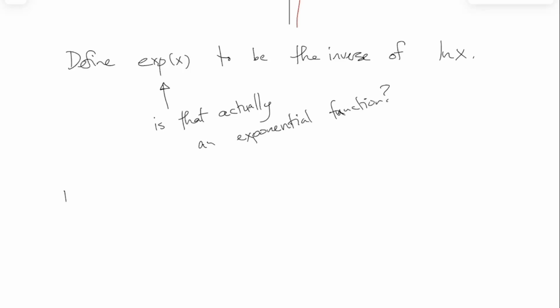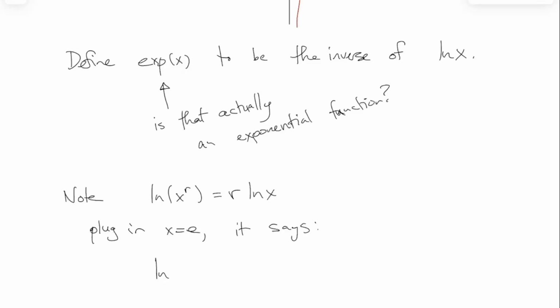So remember, we have this property about the natural log, ln of x to the r equals r ln x. If I plug in x equals e, it says ln e to the r equals r ln e.